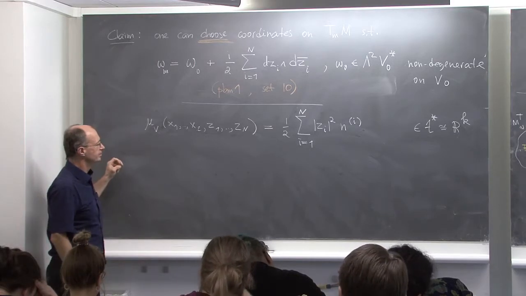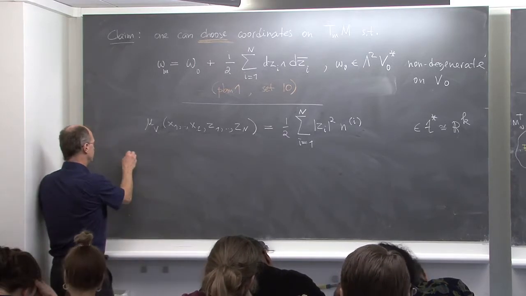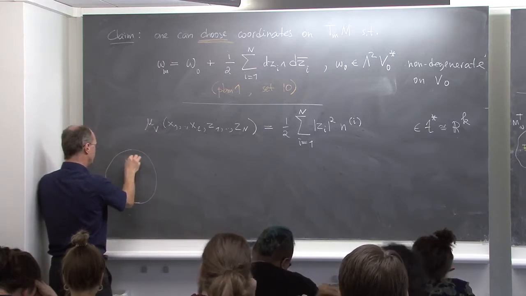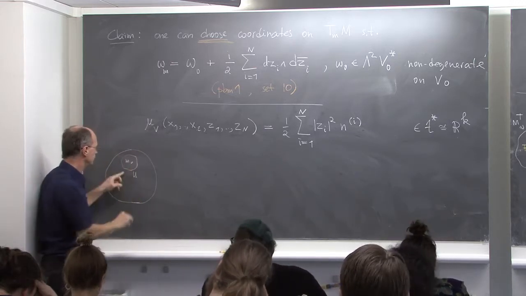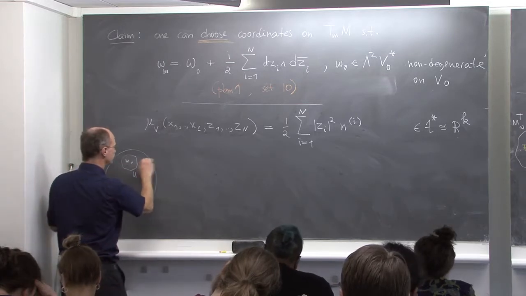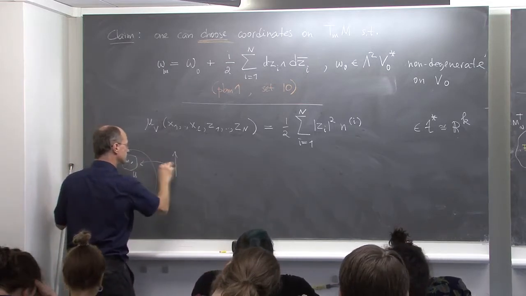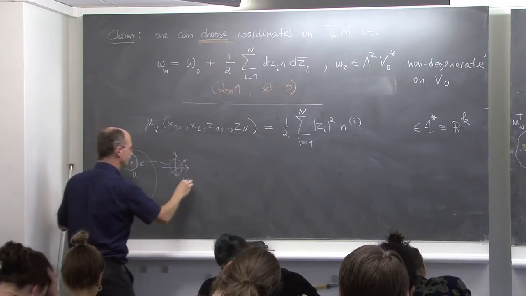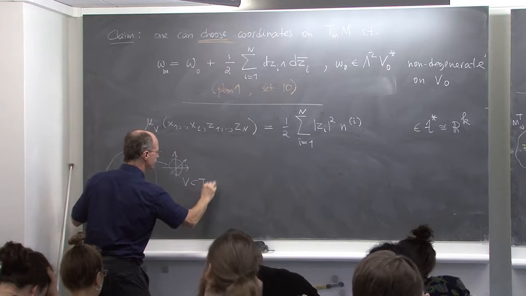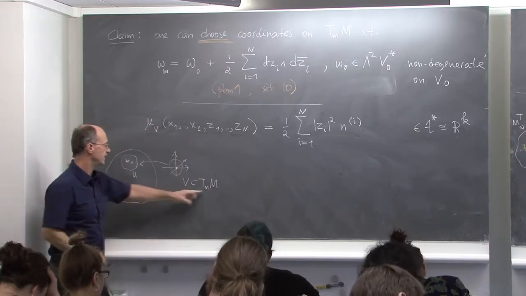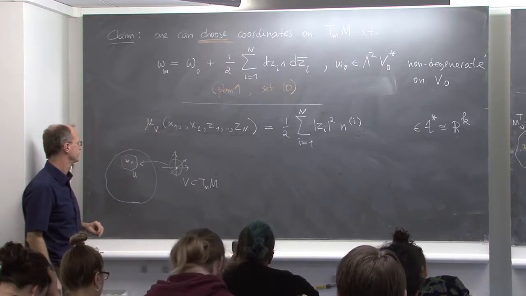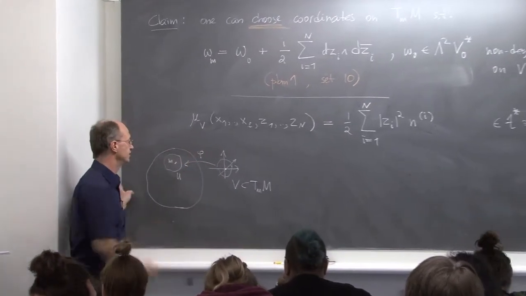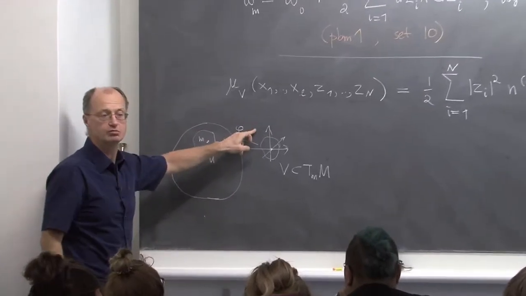Now, remember what we were doing. So we took this point M, and we look at some neighborhood U of M, and we model it on the neighborhood V of the origin inside T_M M. So we know that everything is the same under this upgraded Darboux symplectomorphism.